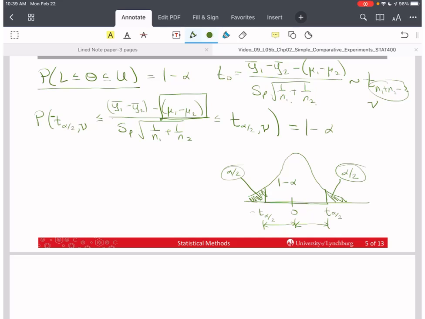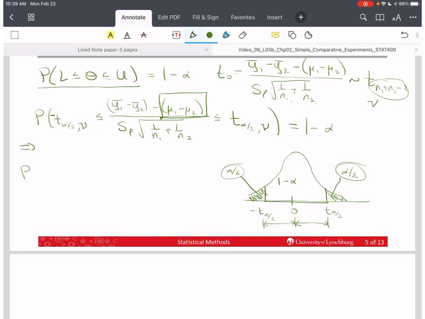All right. So our goal here is solving for the parameter, which is mu1 minus mu2. We're getting that by itself. The nice thing is that our standard deviation is always positive, so we don't have to worry about changing the inequalities when we multiply across them. So this implies that I'm going to multiply the denominator by all three parts of this inequality.